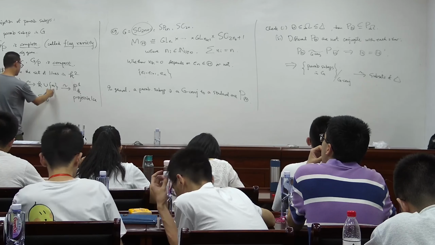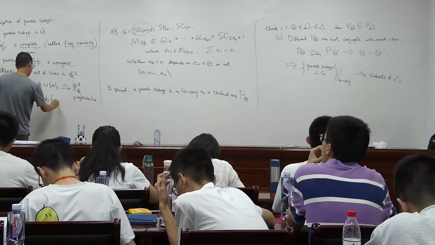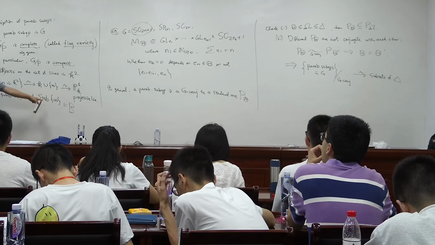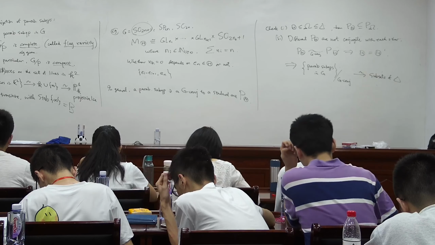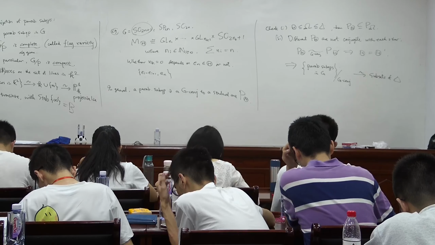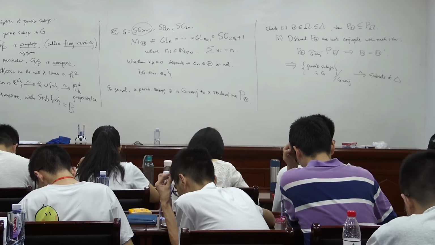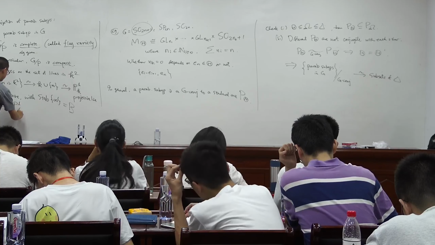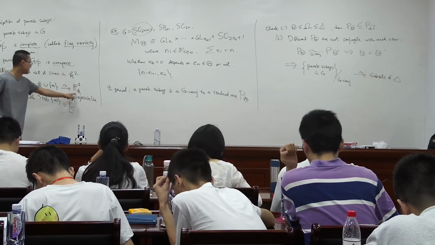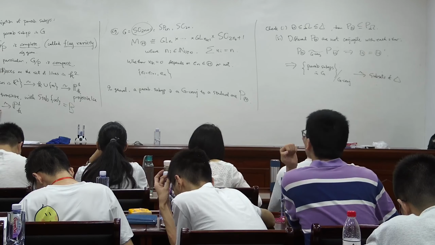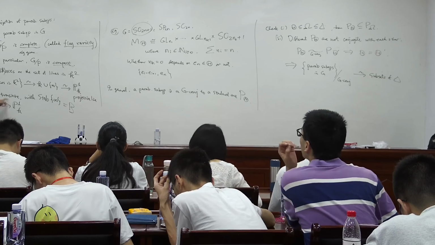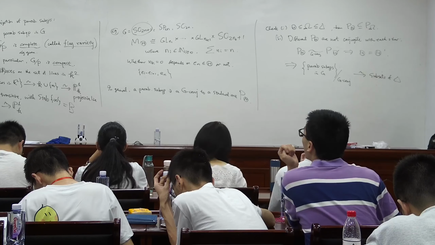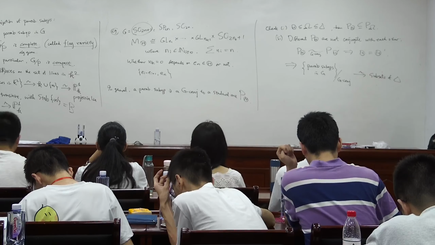The stabilizer of this vertical line is the Borel subgroup B. That means G mod B is bijective to this projective line. Okay, in particular, well, this is an isomorphism. So G mod B is compact.